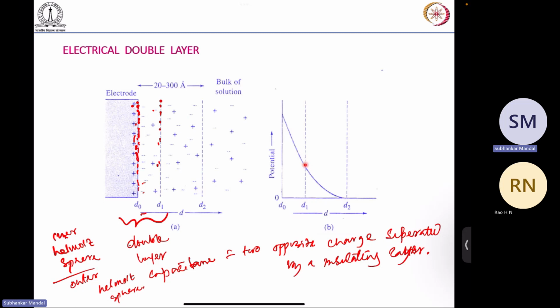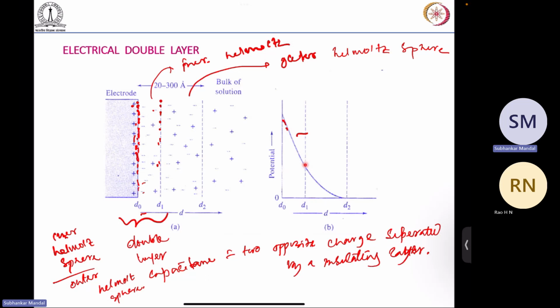This one is the inner Helmholtz sphere, and this is the outer Helmholtz sphere, where the positive and negative charges are loosely bound. In the inner Helmholtz sphere the positive and negative charges are closely bound. How the potential changes, I think he has discussed: in the inner Helmholtz sphere it is linear, and after that it is exponential.